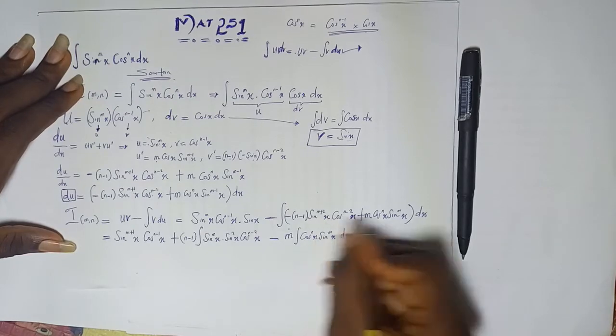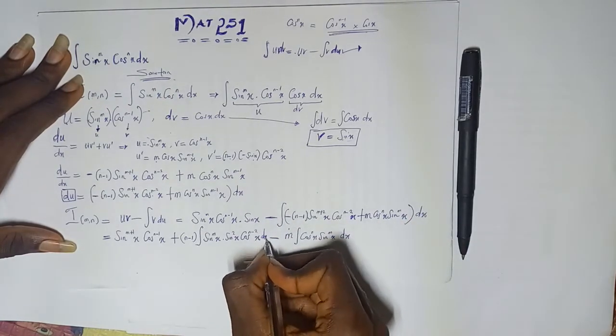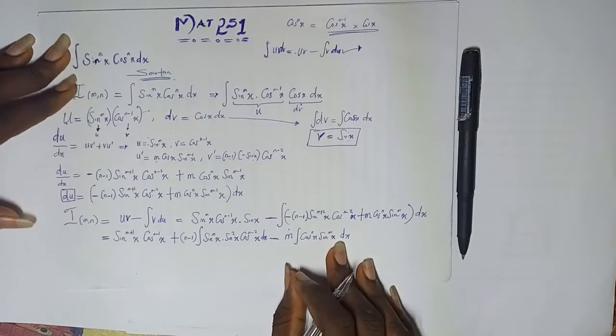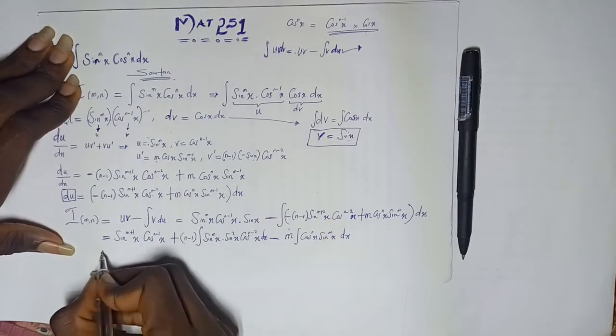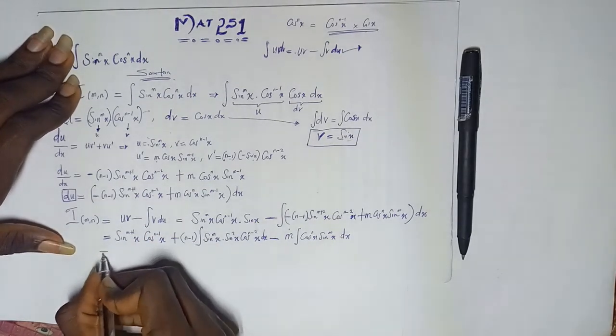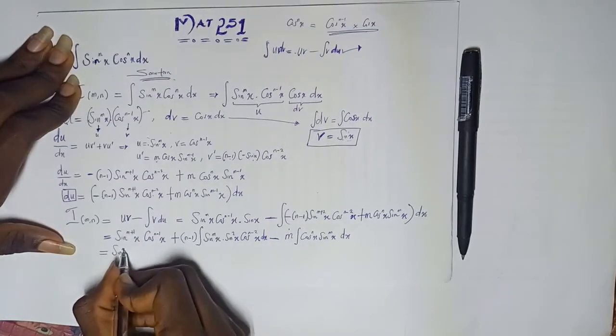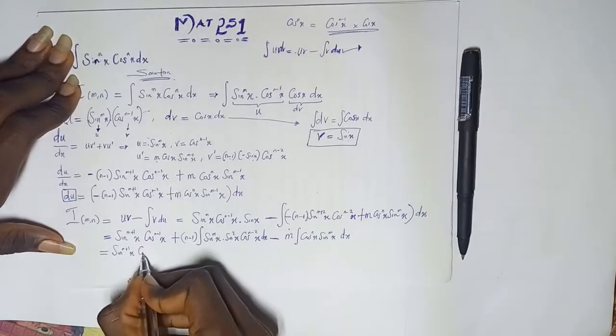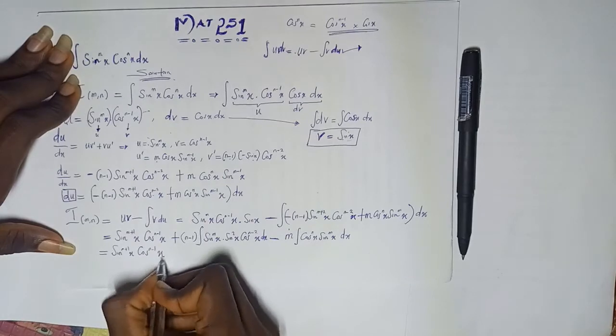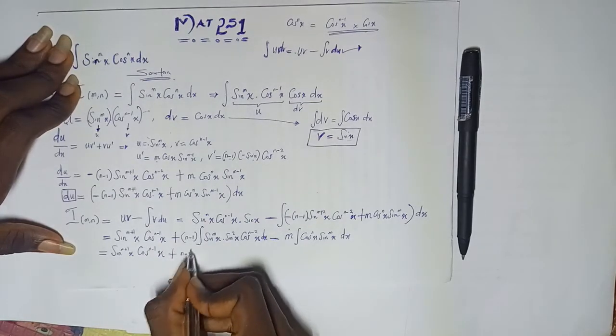Then I have dx. They both have dx. So from here, we can still break it down further, having sine n plus 1 of x cos n minus 1 of x plus n minus 1.